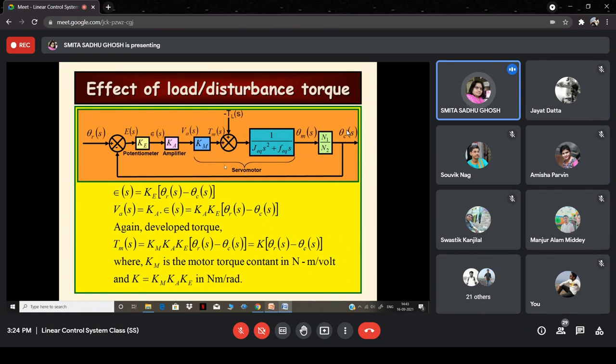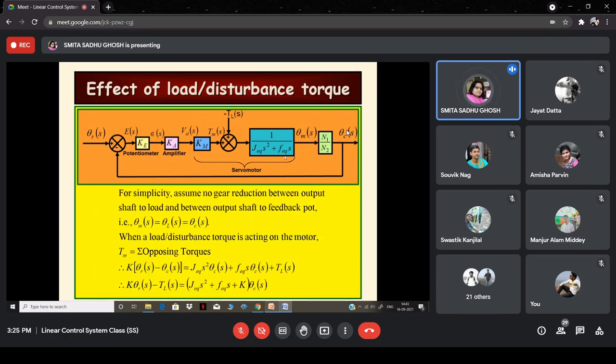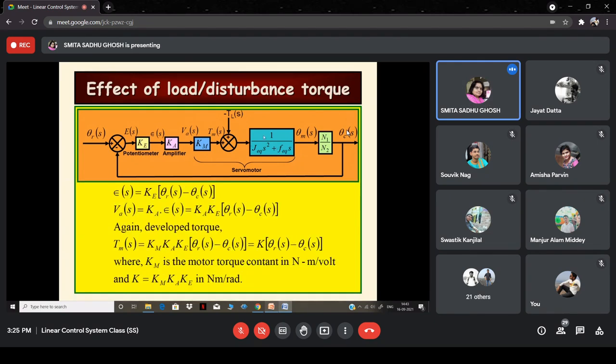So coming to the block diagram, we have the Km, which is converting from VA to Tn, and then we have this block which is converting from the Tn to theta n. If there is a disturbance torque disturbing the angular orientation, that torque will come in at some point over here and oppose the torque produced by the motor.